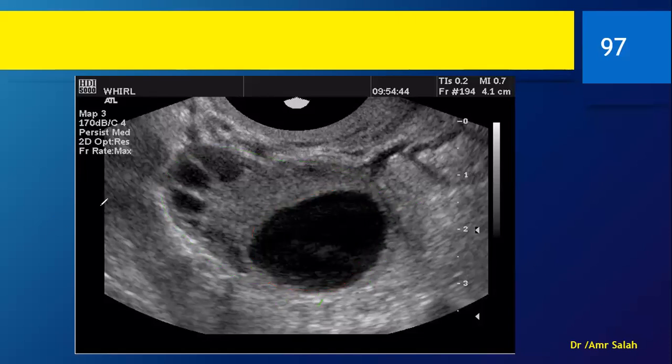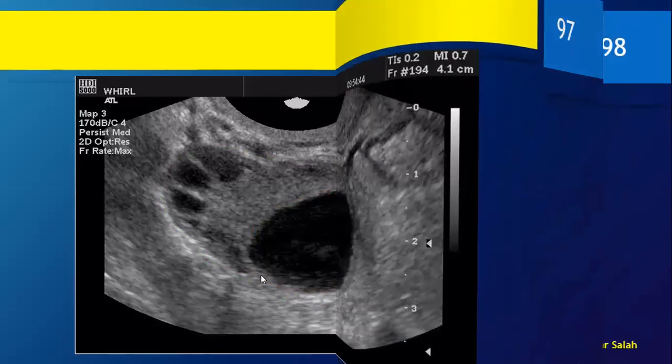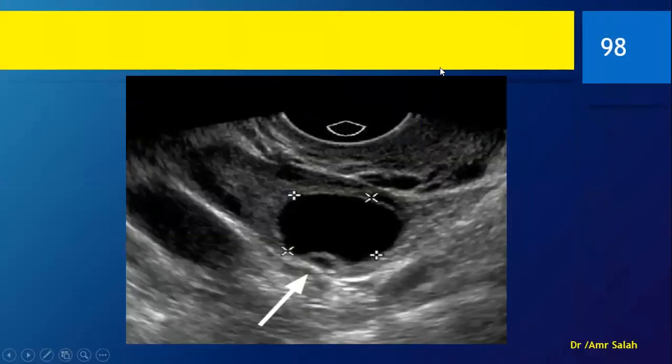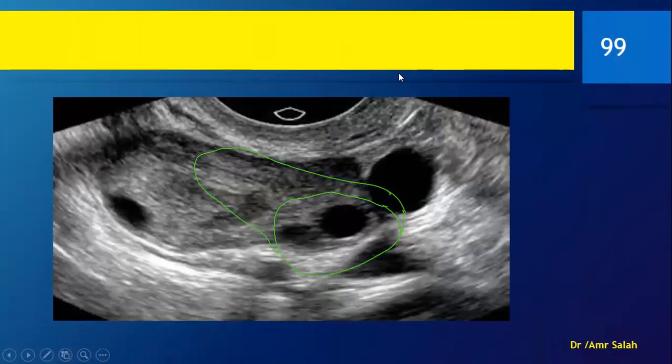So let's see. What about this? You tell me. This is the cyst, and this is the ovary. Is this ovarian or para-ovarian? This is ovarian because there is the beak sign.